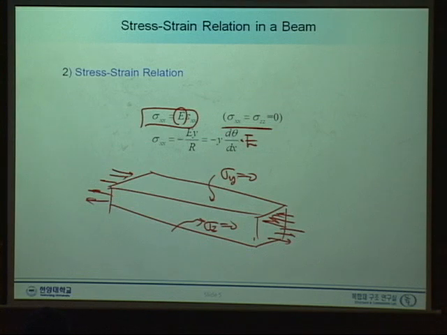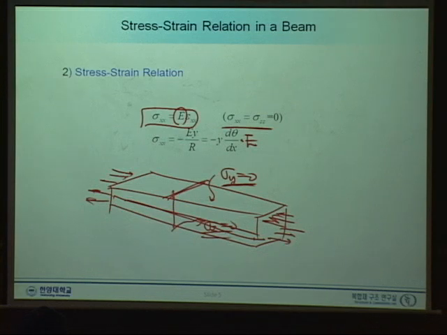Why can we assume those two normal stresses are 0? Well, compare the lengths in this direction and this direction and this direction. If the length is much larger than the other dimensions, then in the shorter directions the stress can always be negligible.